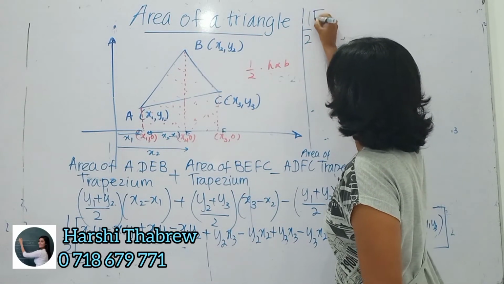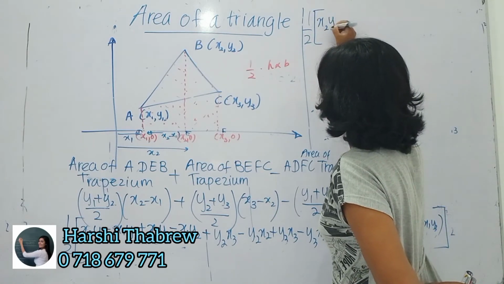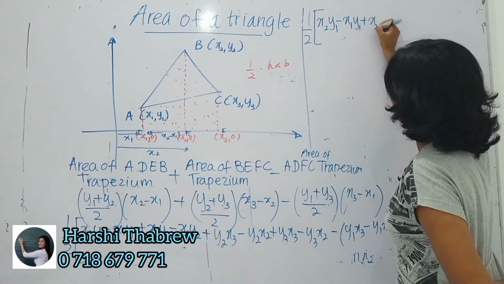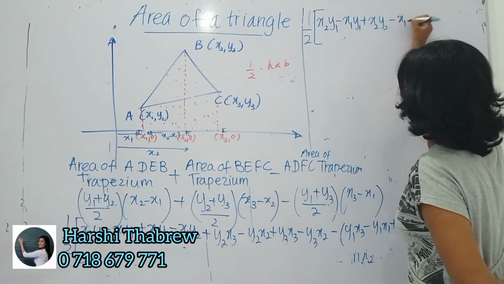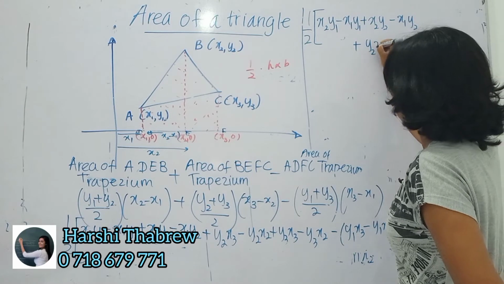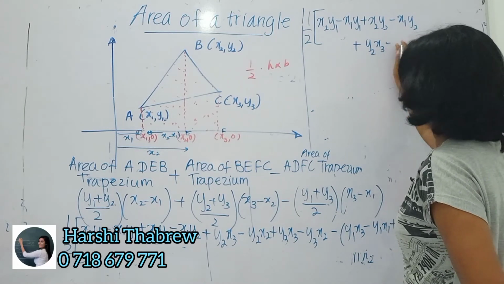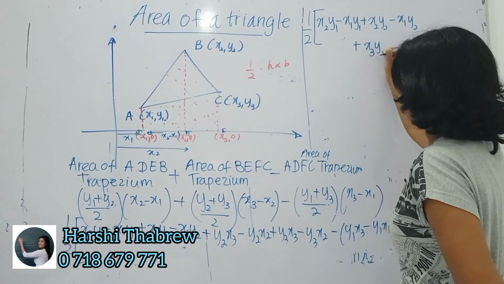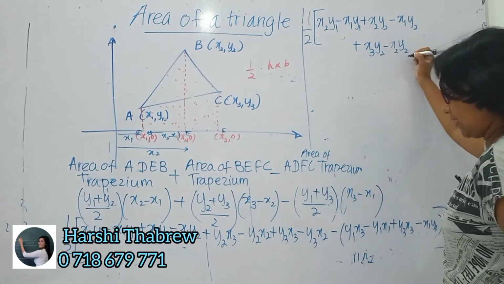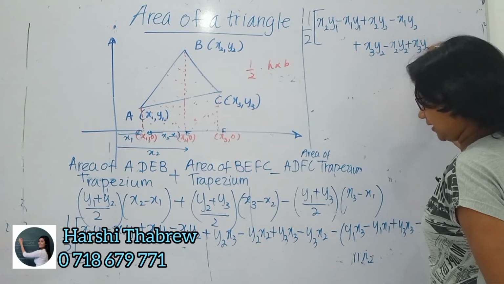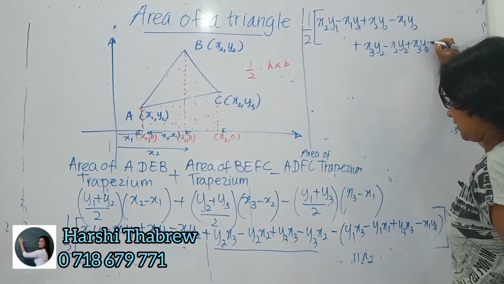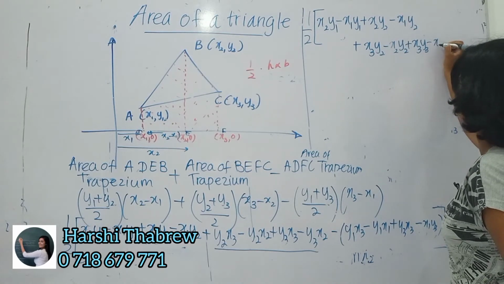Half times x2 y1 minus x1 y1 plus x2 y2 minus x1 y2, then plus y2 x3 minus y2 x3 means x3 y2 minus this one x2 y2, I will write it like this, plus x3 y3 minus x2 y3.